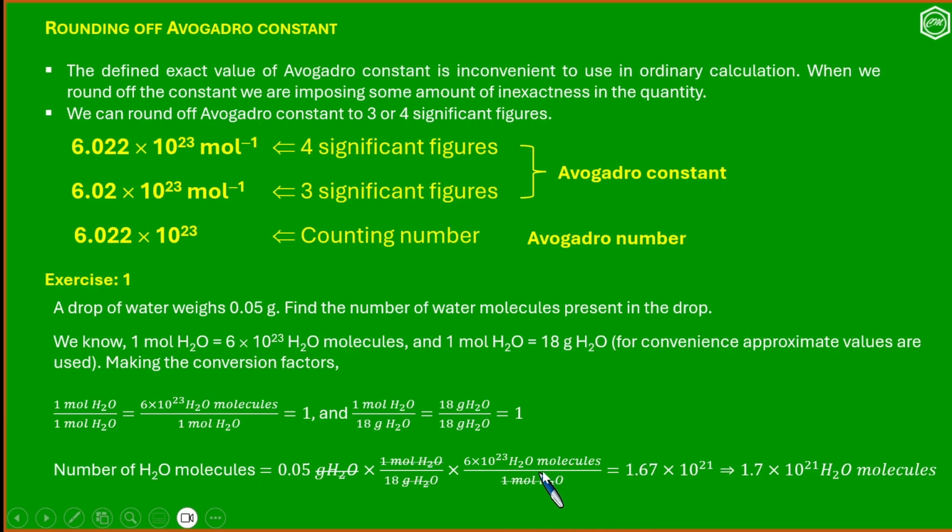That is, final value will be 1.67 into 10 raised to 21, equals 1.7 into 10 raised to 21 H2O molecules. That is writing in the required number of significant figures. See how small is the water molecule. That is, a drop weighing 0.05 gram contains 1.7 into 10 raised to 21 H2O molecules.